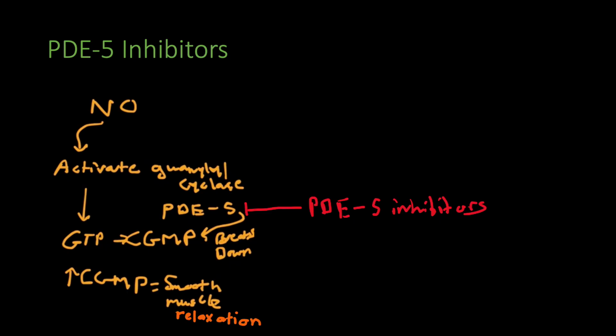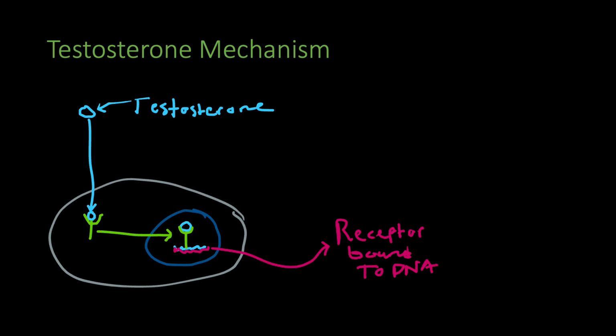And the testosterone mechanism. This is one of the medications you may have seen dispensed at your pharmacy. It is a controlled substance. Testosterone is a lipophilic steroid hormone, so it can easily cross the membrane and bind to the androgen receptor in the cytoplasm.